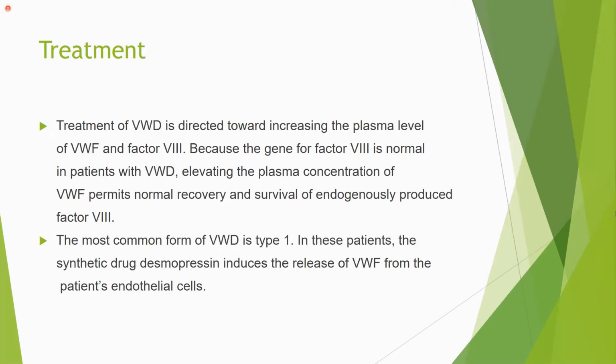But for treatment, empirically, when you don't know the diagnosis and you just have a prolonged bleeding time and a prolonged partial thromboplastin time, you can give fresh frozen plasma.